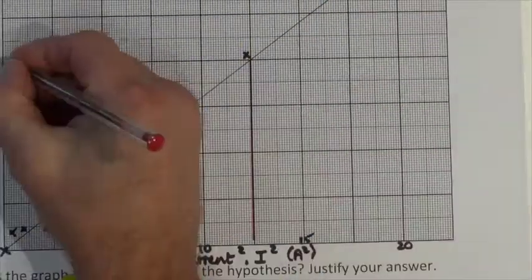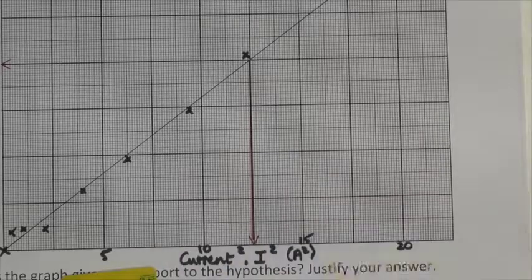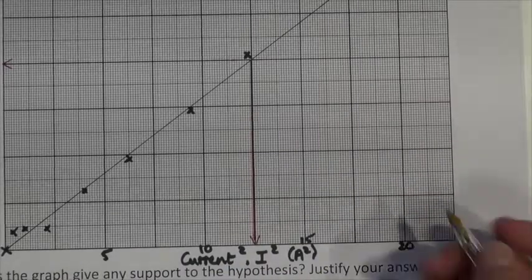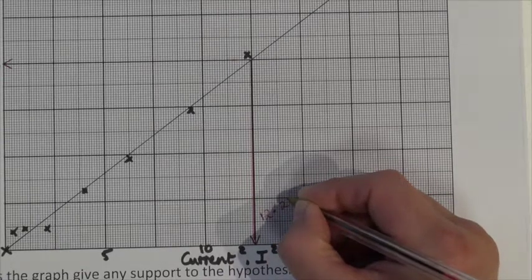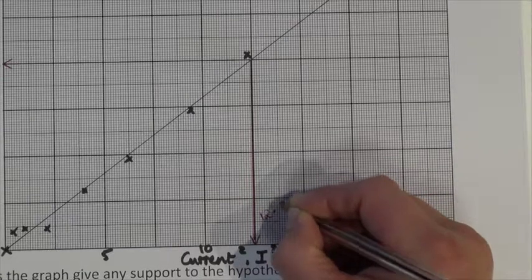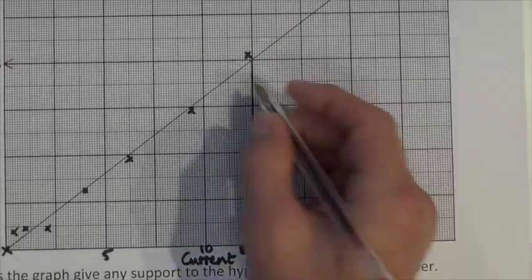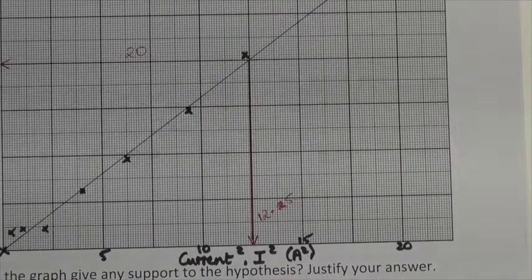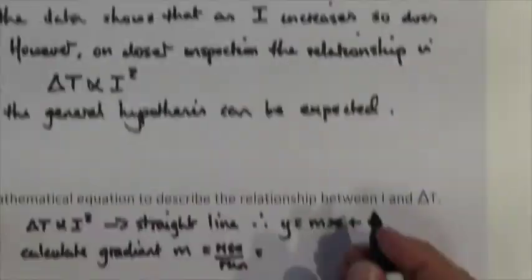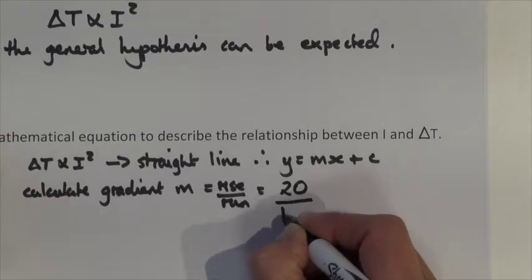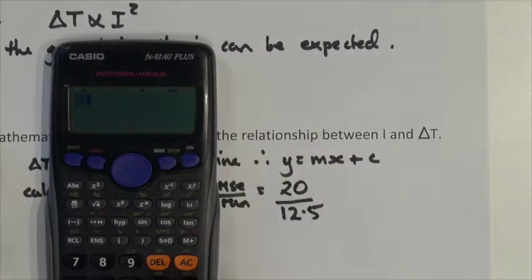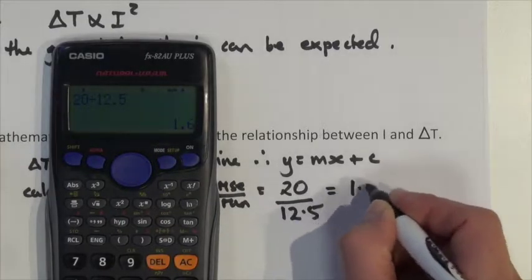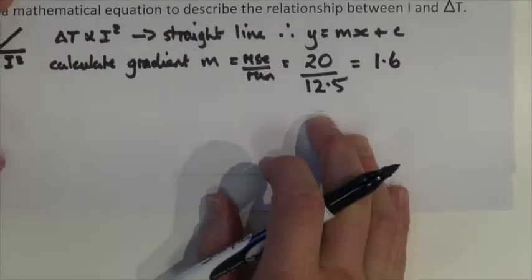It's not very clear, but basically what I've got there is 12.5 is my run, and 20 is going to be my rise. So in order to calculate the gradient, I'm going to do my rise, which is 20, over my run, which is 12.5. Now this gives me a value when I put it into my calculator. 20 divided by 12.5 is a gradient of 1.6.